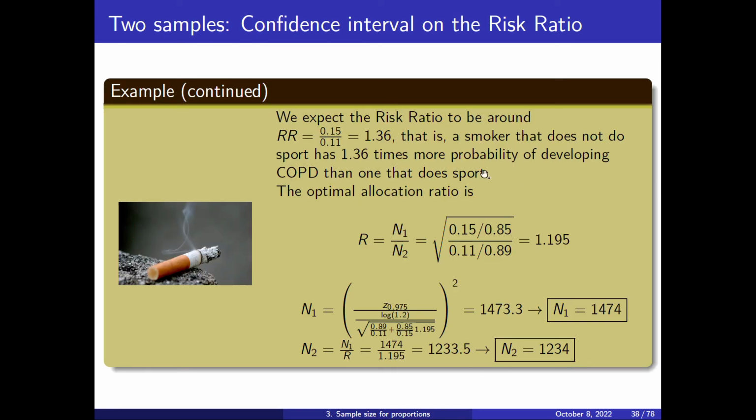So R should be this one, so that the group that is more variable is sampled more, and then you simply substitute in. We have N1 is equal to this, that is 1500, and N2 is 1200.